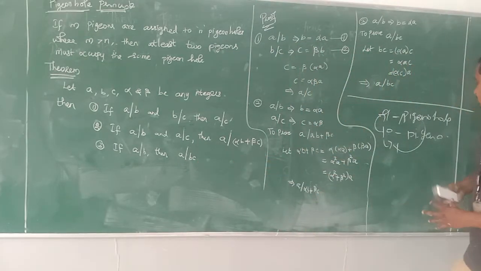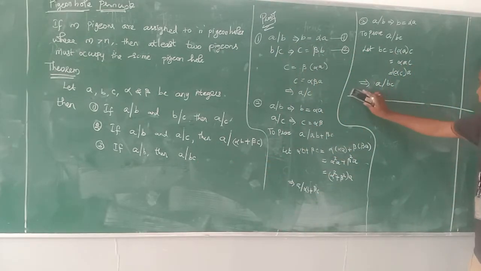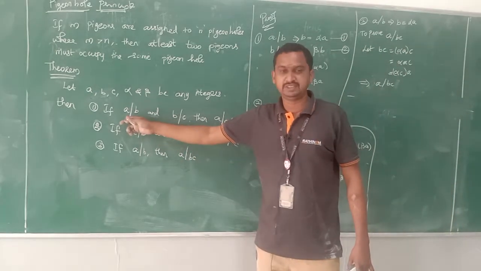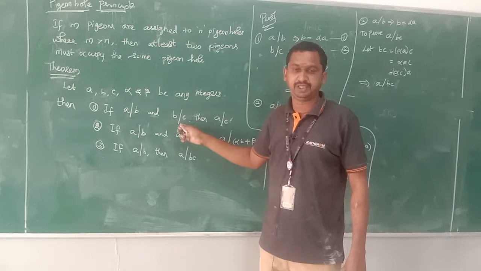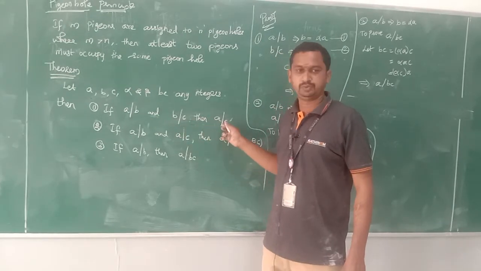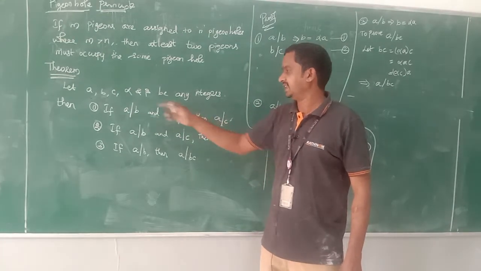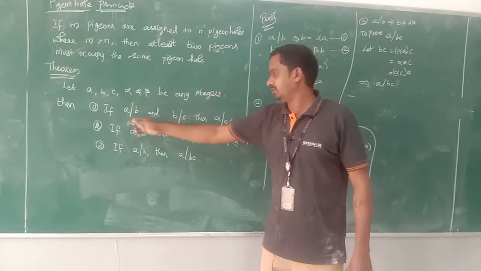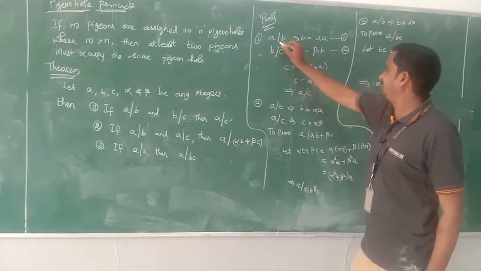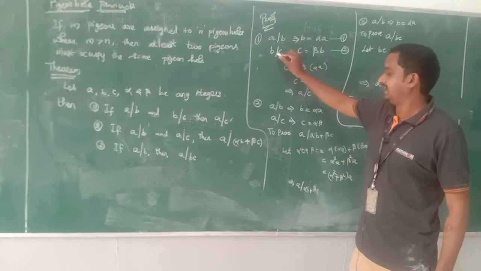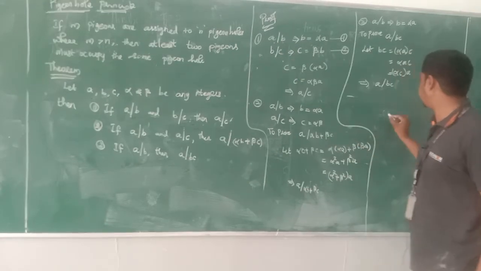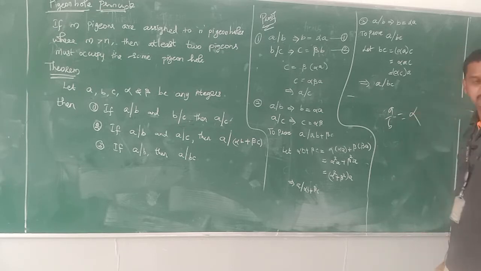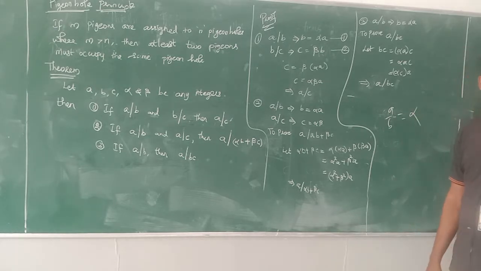See the proof. First proof: what is the given data? If a divides b and b divides c, then you have to prove a divides c. Generally a, b, c, alpha and beta are any integers. Now take the first one. If a divides b, for example, b equals some positive integer, that positive integer can be written as alpha.